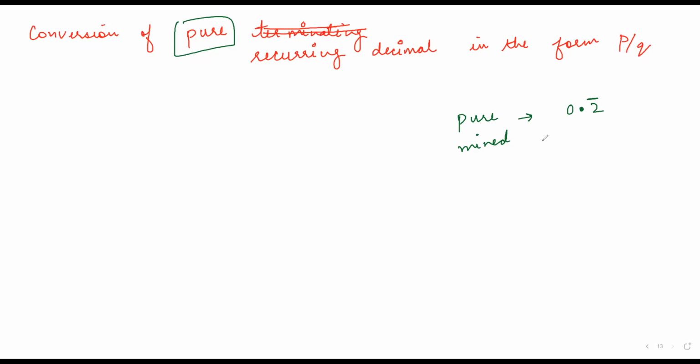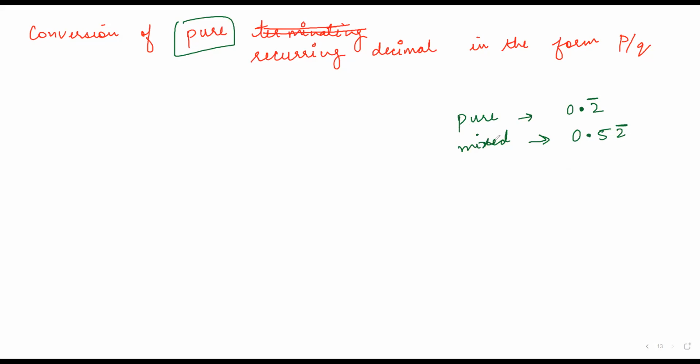This is called pure. And if I have something like 0.52 bar, after the decimal one number is not recurring, the other is recurring. This is called mixed. Understood?